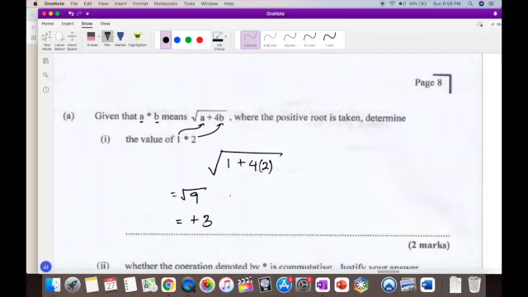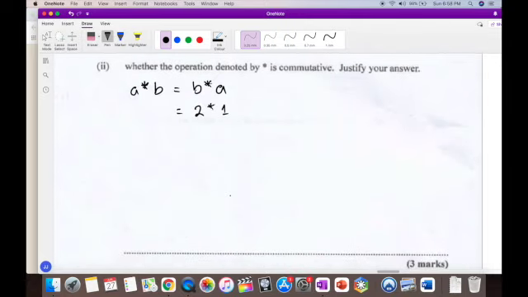And remember, the original is the square root of a plus 4b, so let's write it here on the side, a plus 4b. Now I will put this into the equation. You can see that this now is in the place of a, and this now is in the place of b. Let's see if we get the same thing.